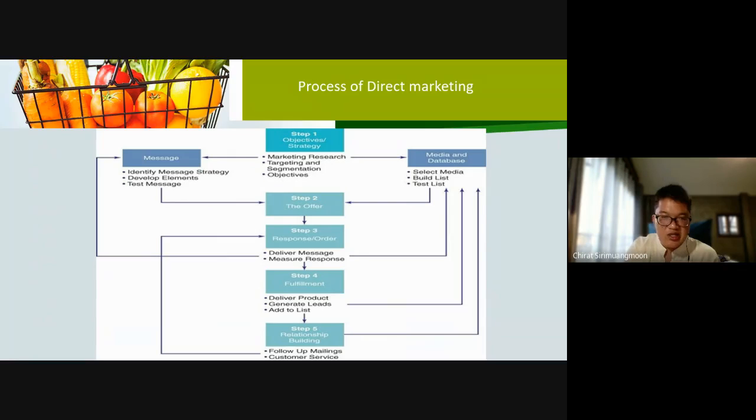If it doesn't work, you can go back to the message to develop it more or create something new. If it works, you can add to the database the information, like how frequently they watch. If you succeed in step three, you can do fulfillment in step four, like delivering the products, generating leads, and adding to the list of products.